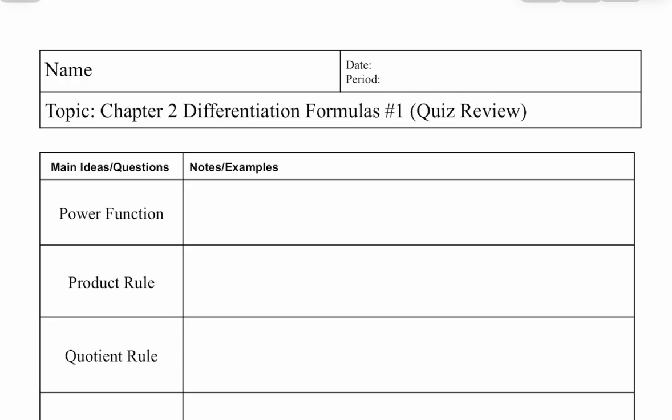So first off, for power functions, what I mean is if we have a function that is x to the n. So what is the rule? Well, the derivative of that is n x to the n minus 1.